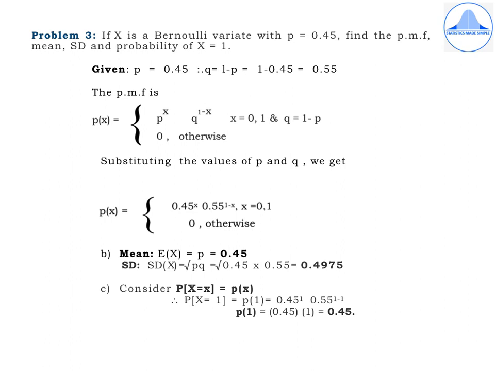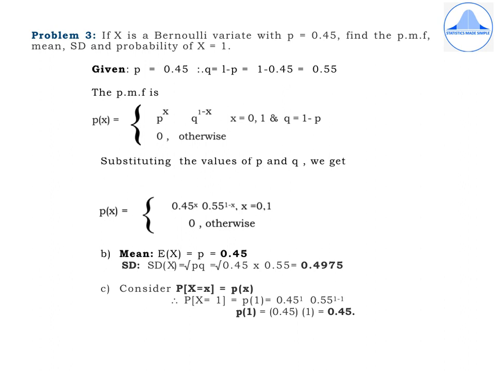Now on the screen you can't see the entire root, but the square root sign will cover both P and Q. So substitute the values, you'll get root of 0.45 into 0.55 and the final answer for the standard deviation is 0.4975. Now, like I keep mentioning in the class many times, when you find out the square root, take 4 places after the decimal after rounding off.